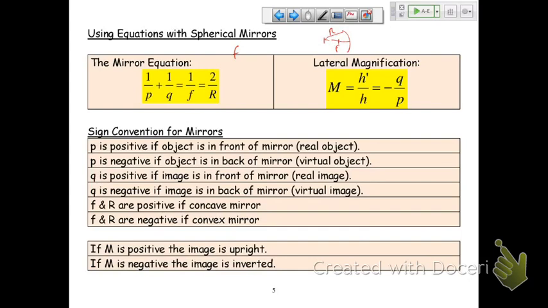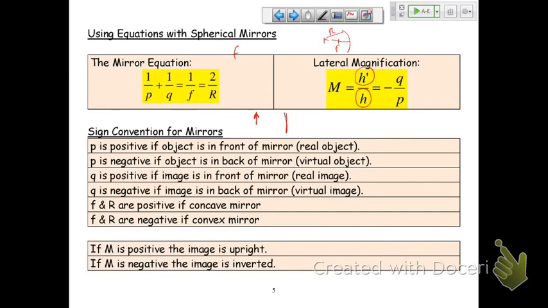So the magnification, which is the image height over the object height, is equal to minus Q over P, minus the image distance over the object distance. We've got to be careful about sign conventions. So P, the object distance, is positive if the object is in front of the mirror.